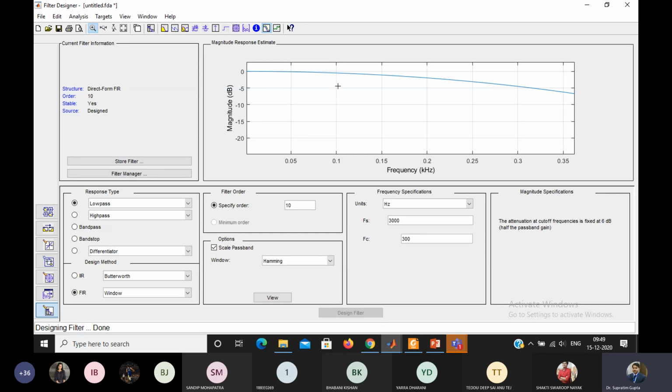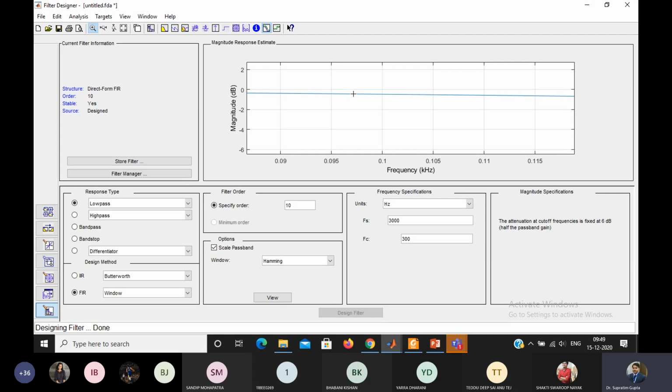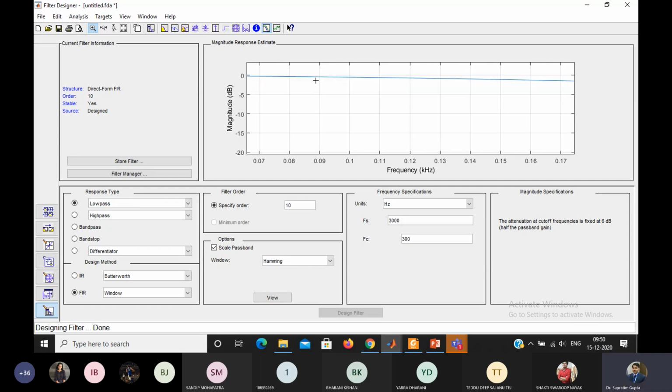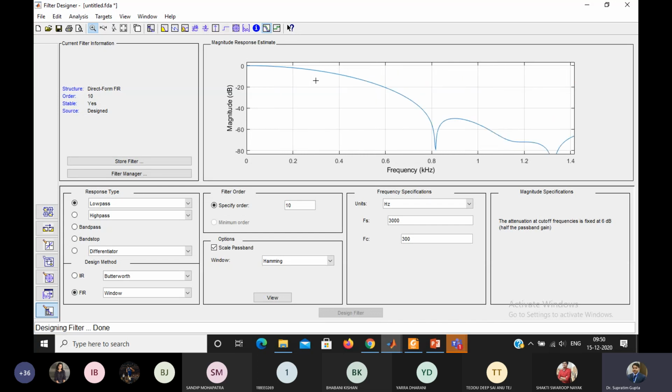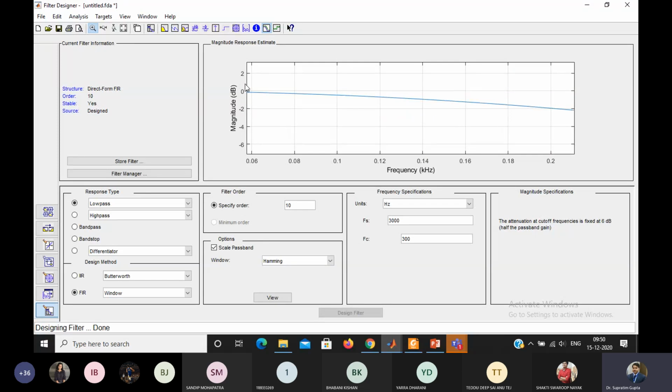At 0.1 it is within minus 2 dB, and it has gone up to about here, so we can think of it as minus 3 dB. It has gone a little bit larger than this 300, but it can be sufficient. So this 10th order or 11th order filter we can implement in our 8051 or so.